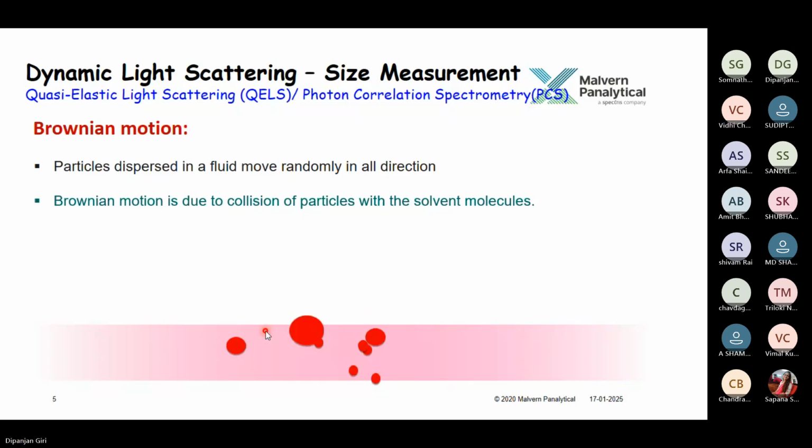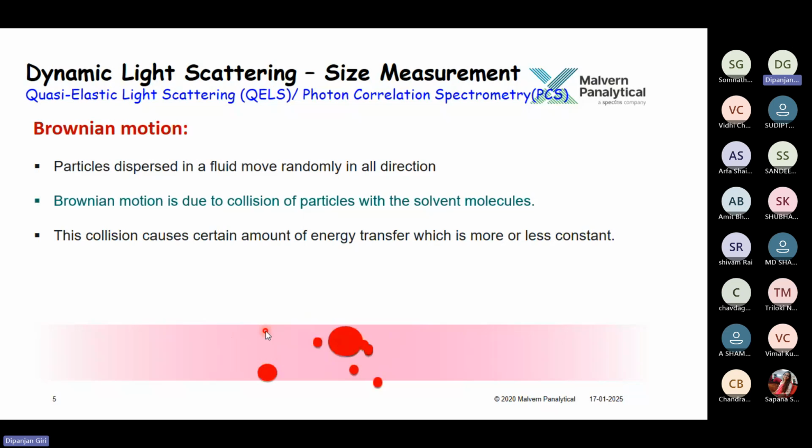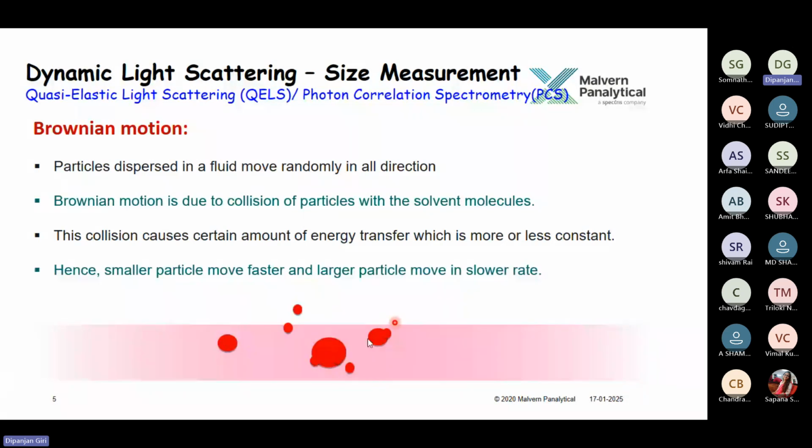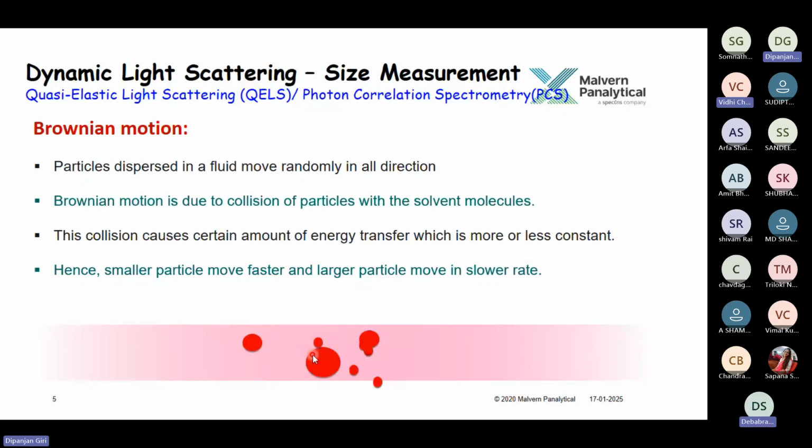Now the particle is suspended in the liquid, so the particles will not be in a stationary state. They will be in motion with the solvent. That is known as Brownian motion, the random motion of particles dispersed in a solvent in all directions, as you can see in the animation.